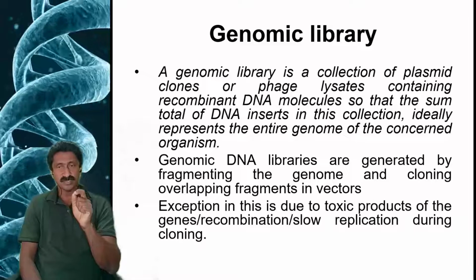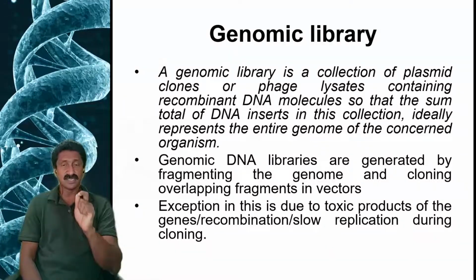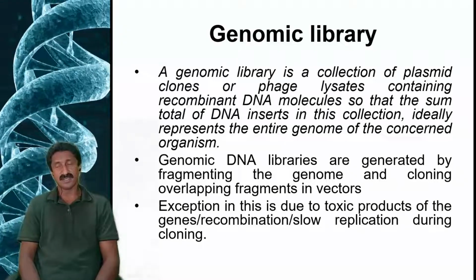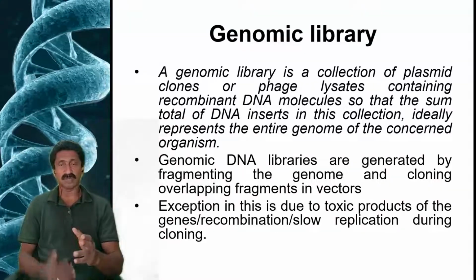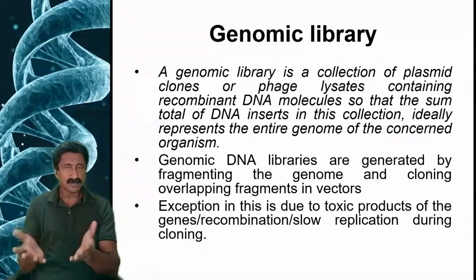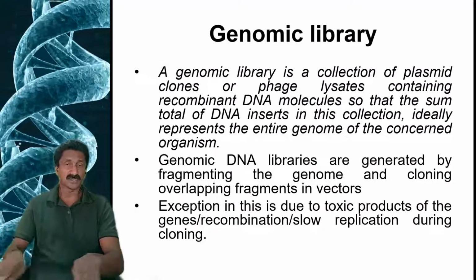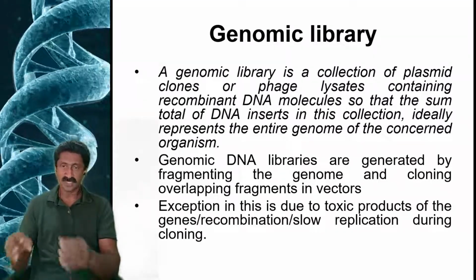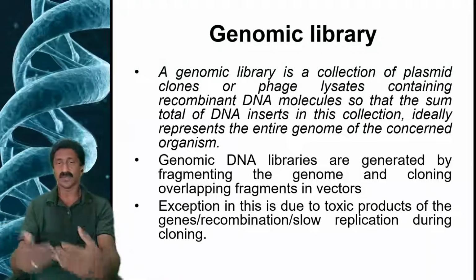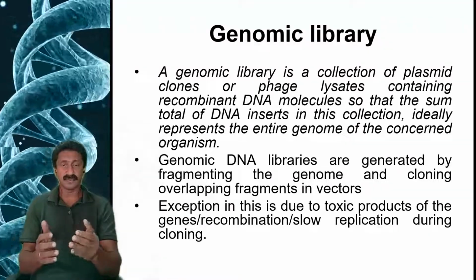The exception in this case is due to toxic products of the genes, or recombination, or slow replication during cloning. So generally we say that the genomic DNA library represents 100% of the entire chromosome, because every fragment is represented in one or other of the vectors. But in some cases, some portion may be missing.